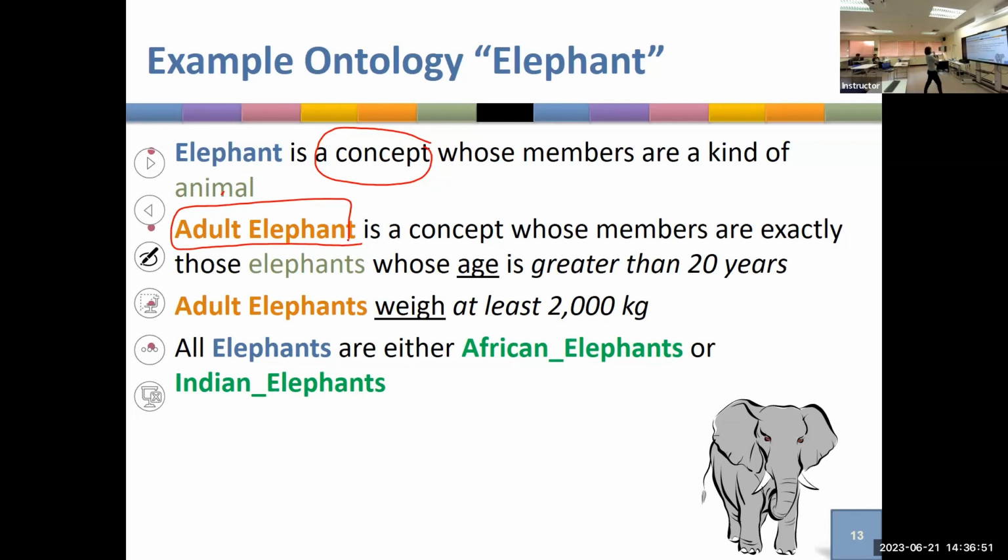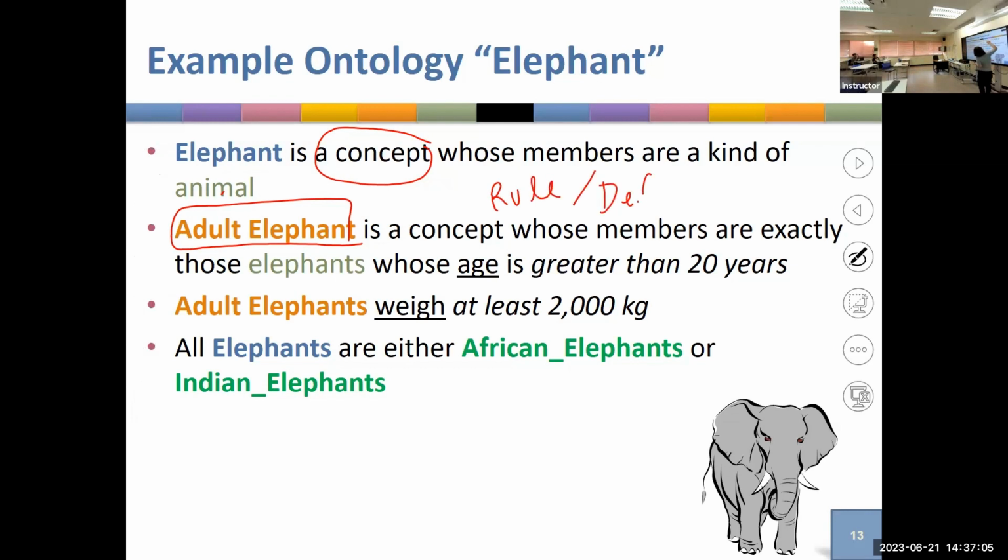Okay. Anyway, so adult elephant is also a subclass of elephant in which we may need to give some definition. This is an example of a rule for defining a class or subclass. An adult elephant is an elephant, of course, a concept whose members must be elephants and age must be 20 years or over.